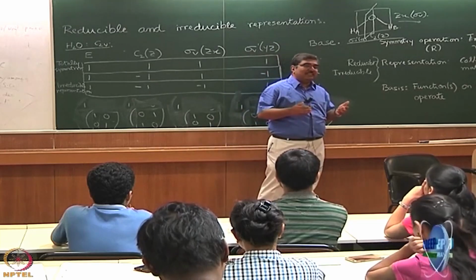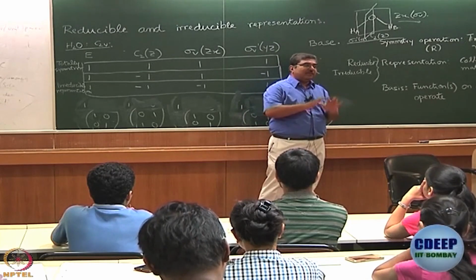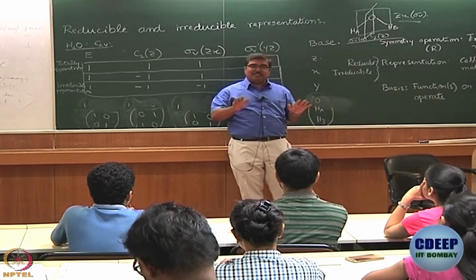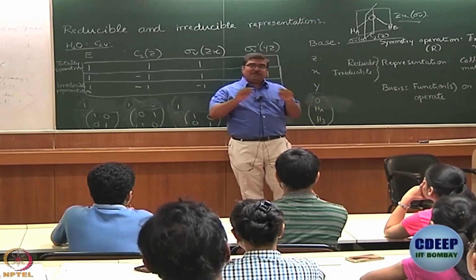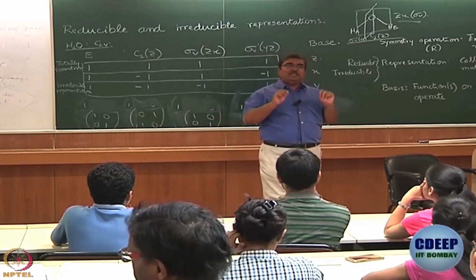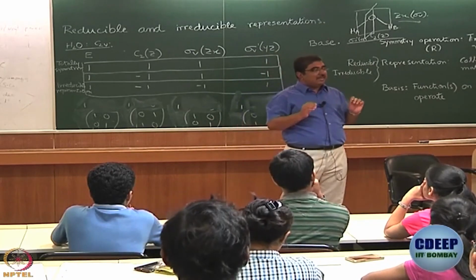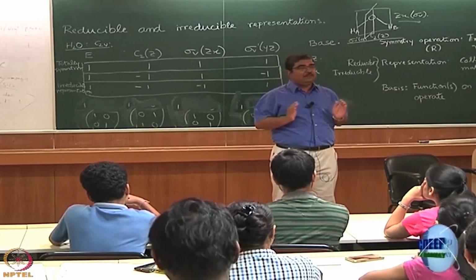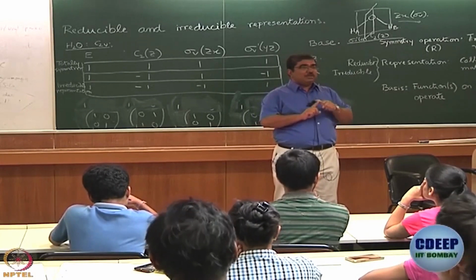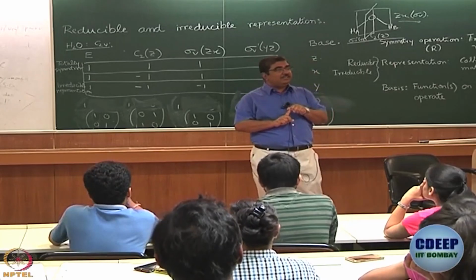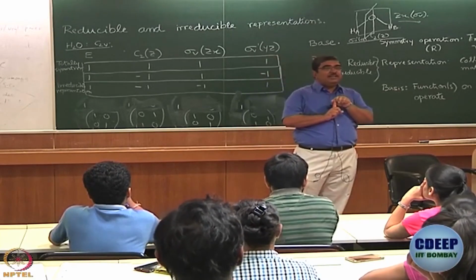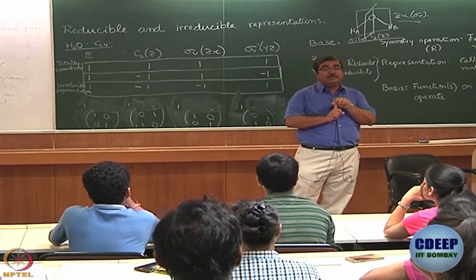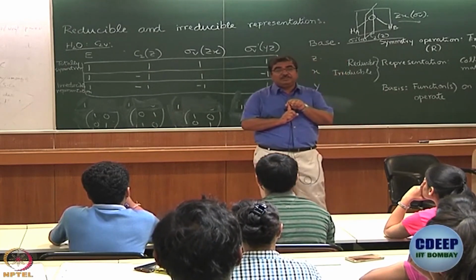Is there any other question? So, are the questions clear? Answers are definitely not clear at this stage. The only answer that is clear is that depending on which basis I use, I can get different representations. This is something that we hopefully have understood. Questions that should be on our mind right now are: how do I know whether a particular representation, if it is more than one dimensional, is reducible or irreducible?